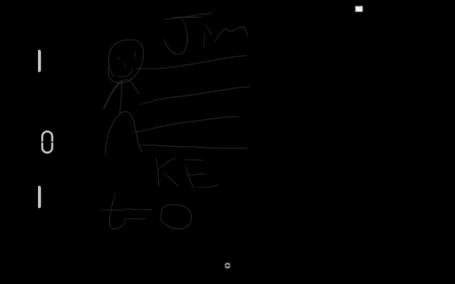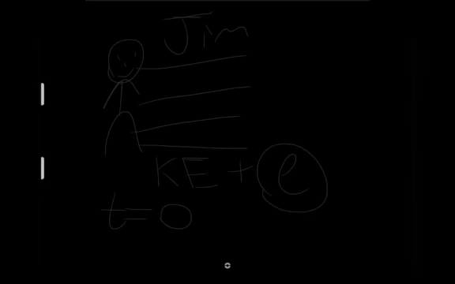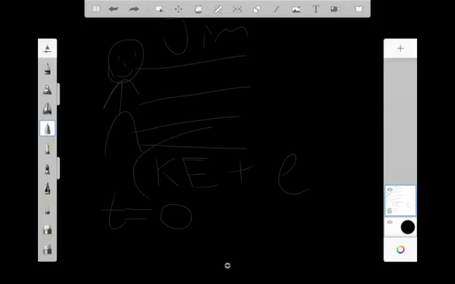His kinetic energy is just 0. And the light that leaves his body has some energy. So really, the total energy he has is just E, right here, the energy of the light beforehand. This is going to be equal to his total energy.